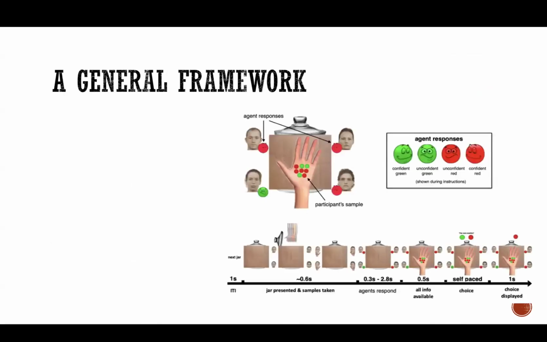Okay, so the weighted Bayes can work as a general framework to describe a bunch of different experiments. So here is an example, very inspired by the Pólya urn that I was showing before. In this experiment, you have an urn, you sample from the urn, you see out of 8, how many are red and how many are green. You also see 4 other people who are undergoing the same task.